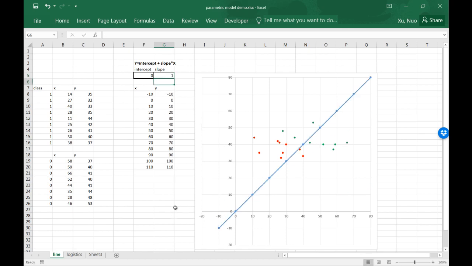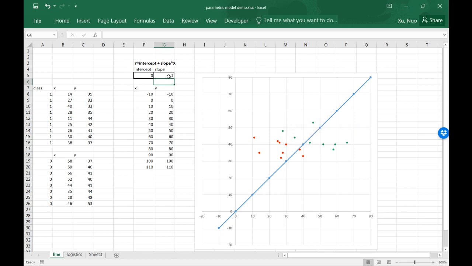After a few trials and errors, I noticed that I can move the line up and down by changing this number. I can rotate this line either clockwise or counterclockwise by changing the second number.